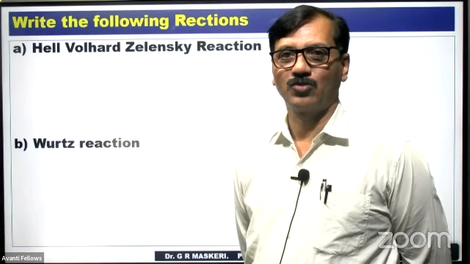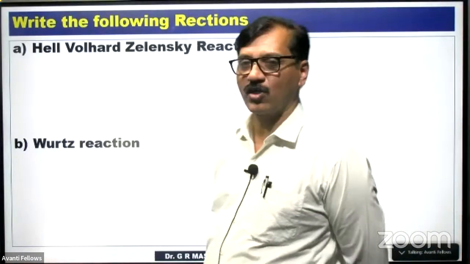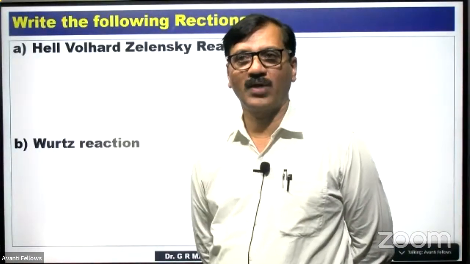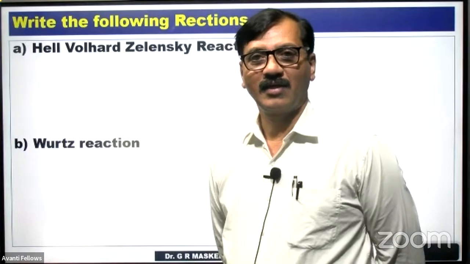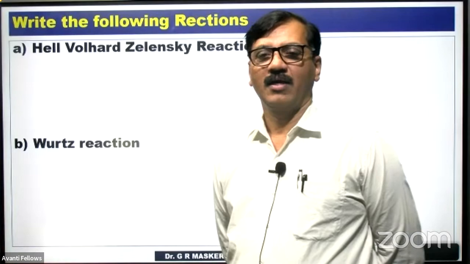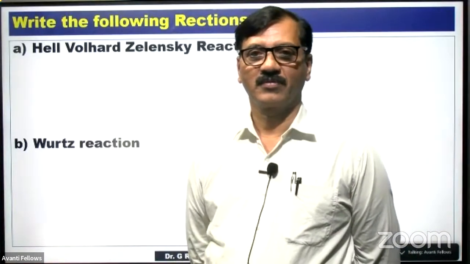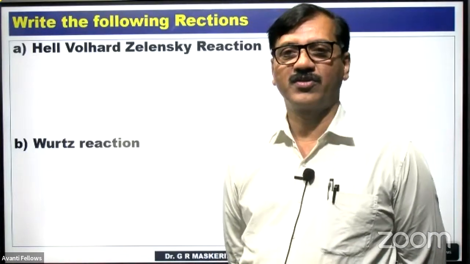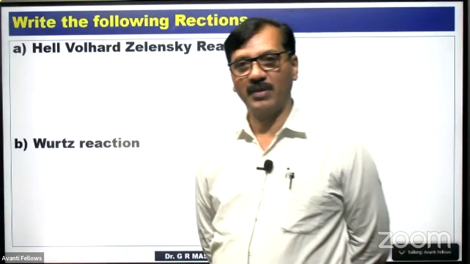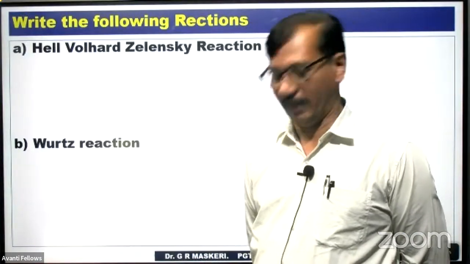I have given you 3 clues. Clue number 1, it is a reaction of carboxylic acid. Clue number 2, it is a property of carboxylic acid. And the third one is, it is the reaction in which the carbon next to COOH, that is the alpha carbon, is halogenated.